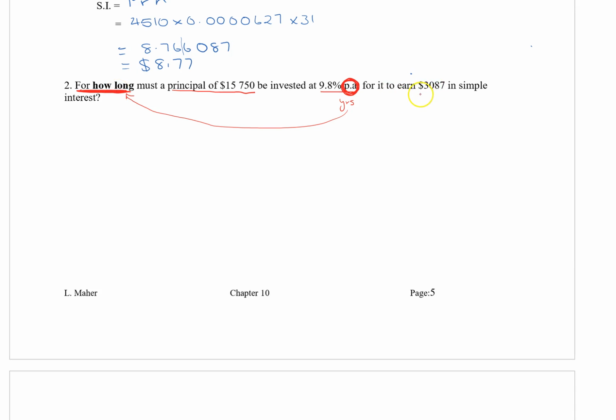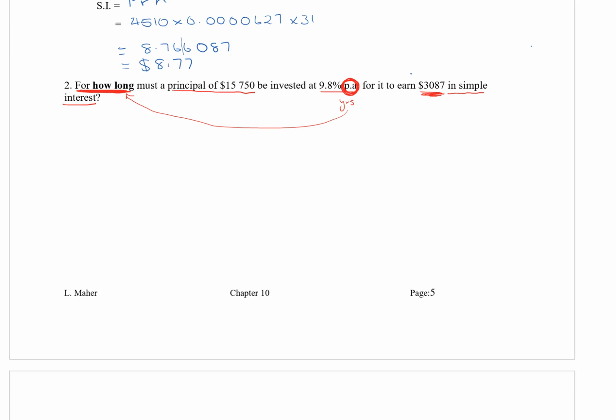For it to earn 3,087 in simple interest, that means the simple interest is 3,087. Now, if you are not registering this, then you're possibly not going to get the correct answer.